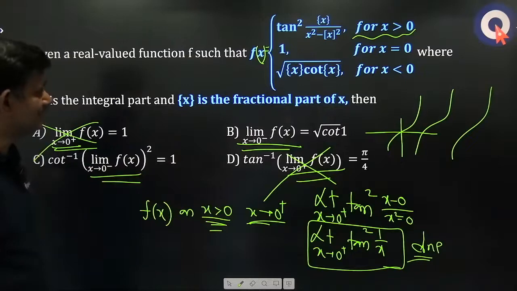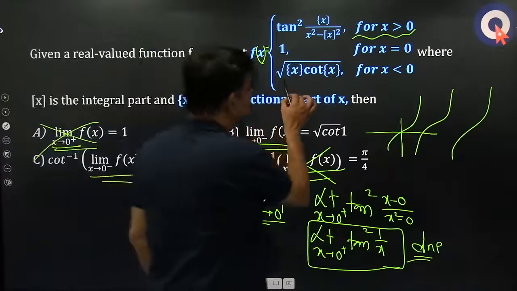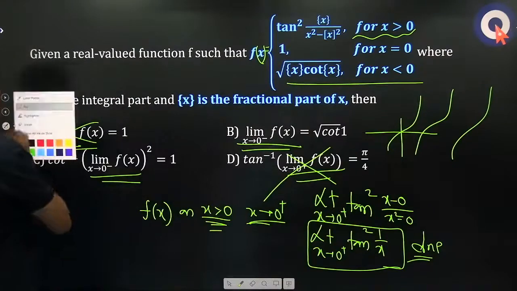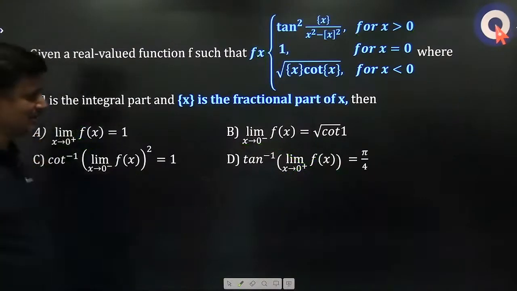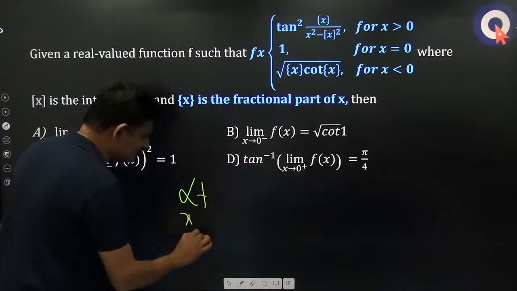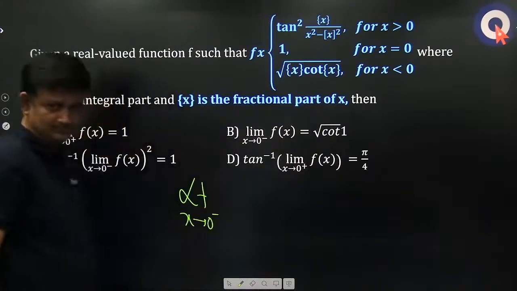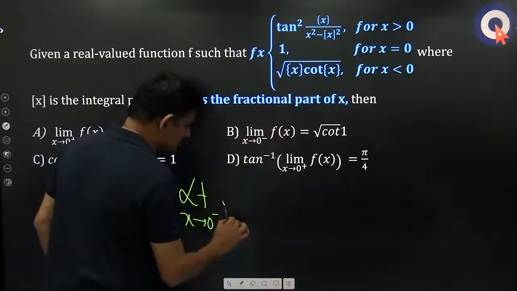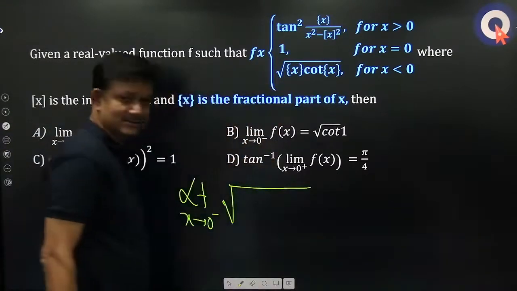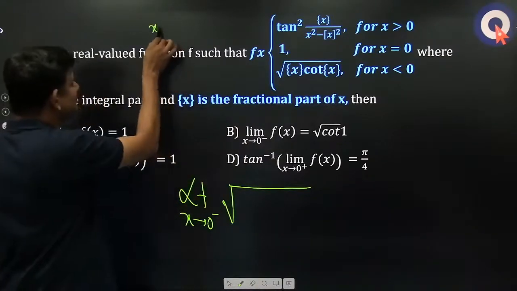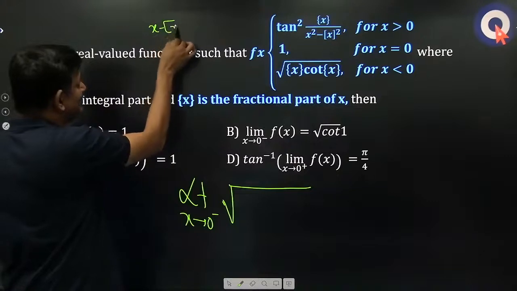Now what else is left? x less than 0. What can we say in this particular case? x is less than 0, that means I am talking about limit extending to 0 minus. Function is of course this particular one because x is less than 0. Fractional part of x, what is it? x minus integral part of x.